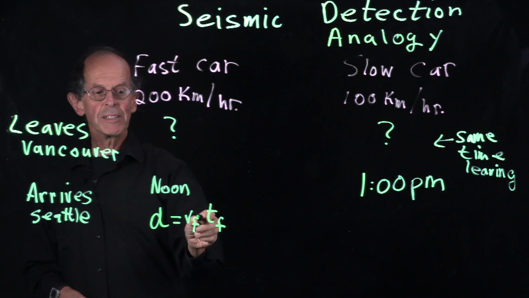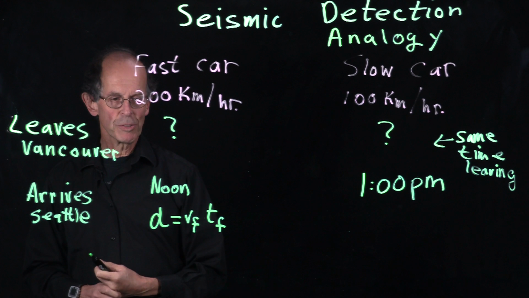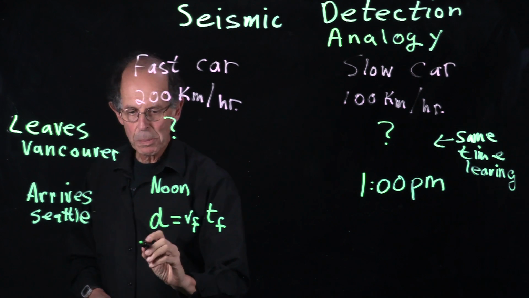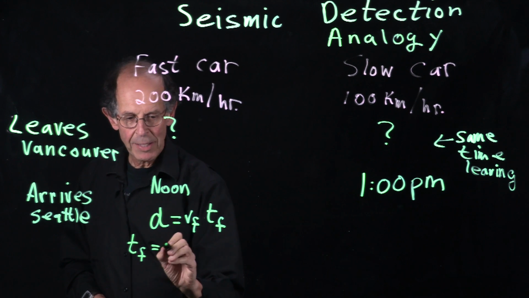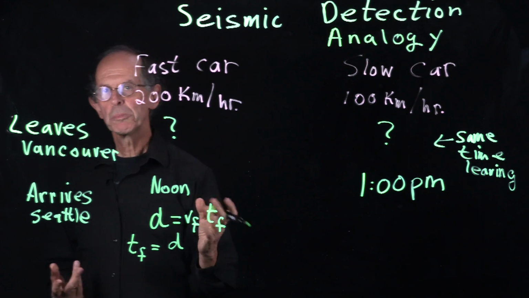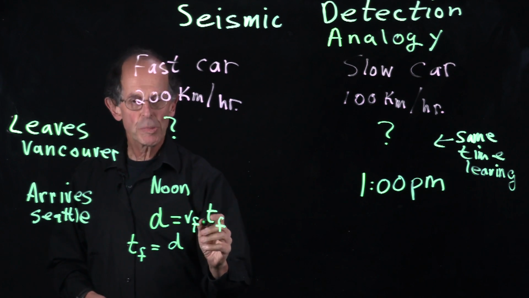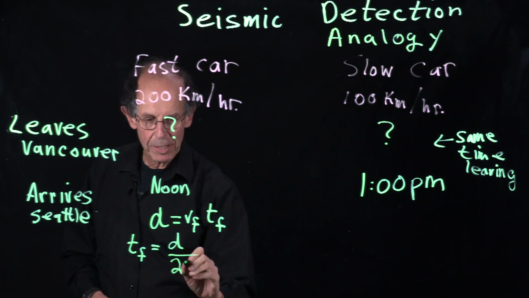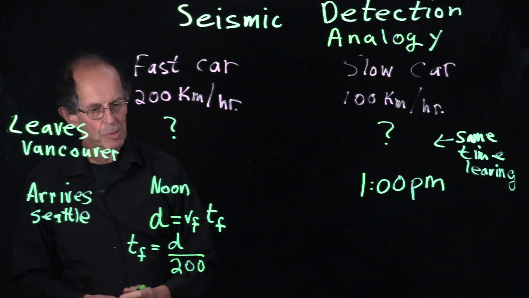The only thing I know about this is Vf, the fast car, 200 kilometers per hour. So in principle, I can solve for Tf. An unknown distance, which will obviously be in kilometers, divided by the speed of the car, which is 200 kilometers per hour. So this will be in hours.